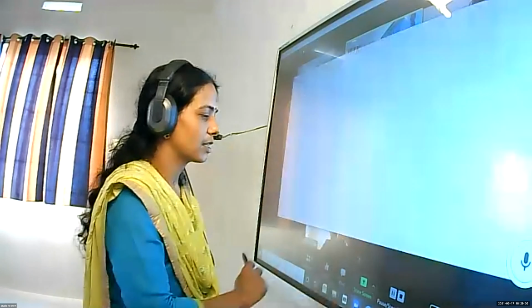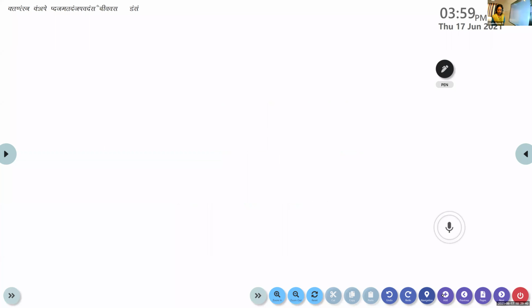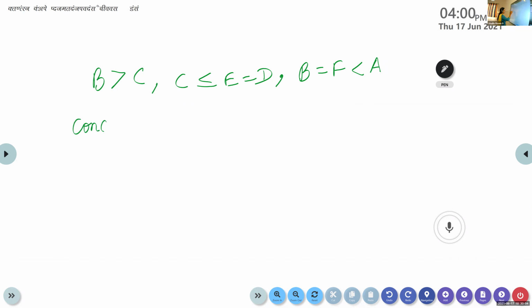Now, one more question. Let's practice. Write the next statement. B greater than C, comma, C less than or equal to E equal to D, comma, B is equal to F less than A. So this is the statement.